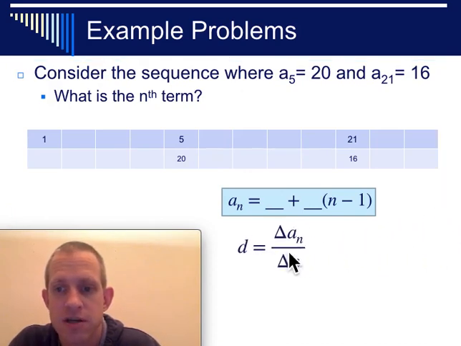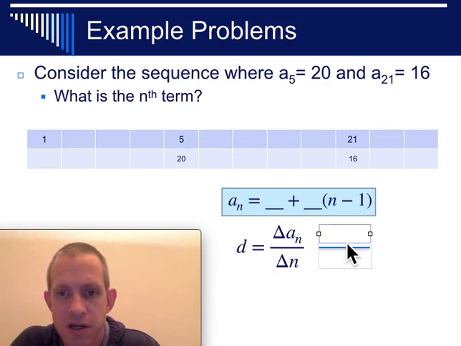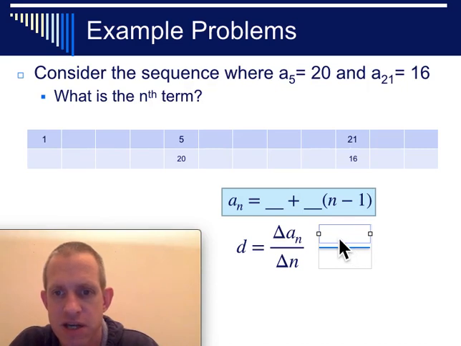So here the common difference is equal to the change in our sequence values, like 20 to 16, divided by the change in n. That's just like slope, change in y over change in x. And so let's see if we can find that. The change in the sequence numbers is, I wanted to go from 20 to 16, so I'm going to type the final minus initial, 16 minus 20.